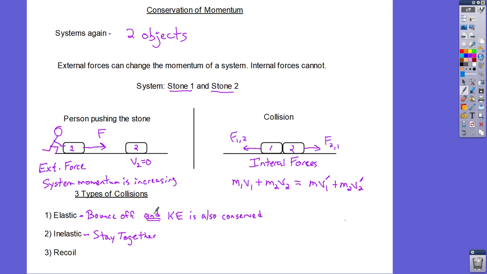And then the recoil example is not really a collision, but that's when the objects are together and then separate.